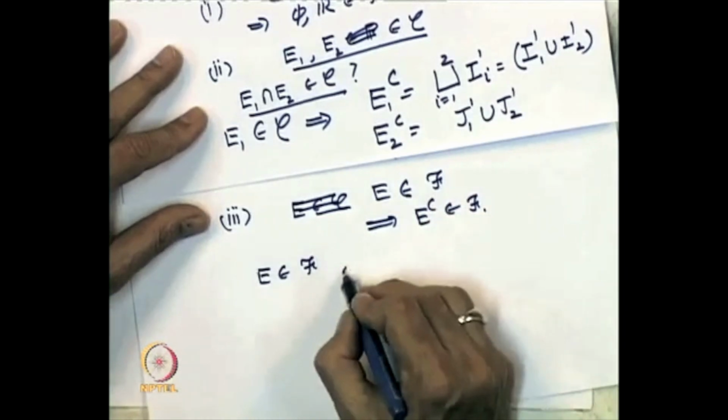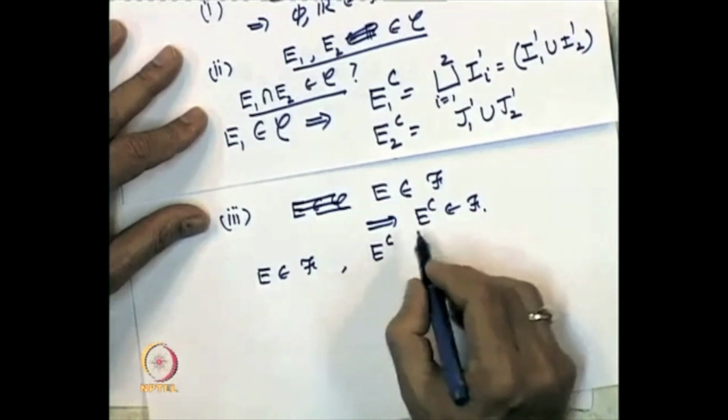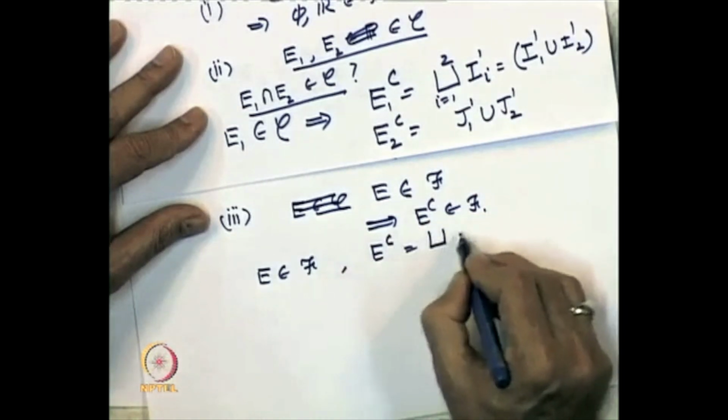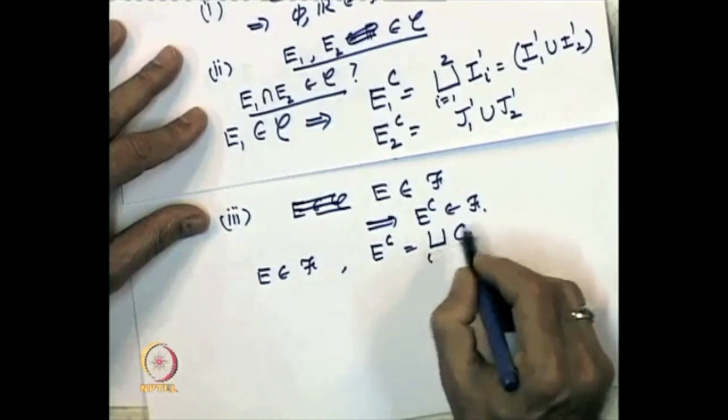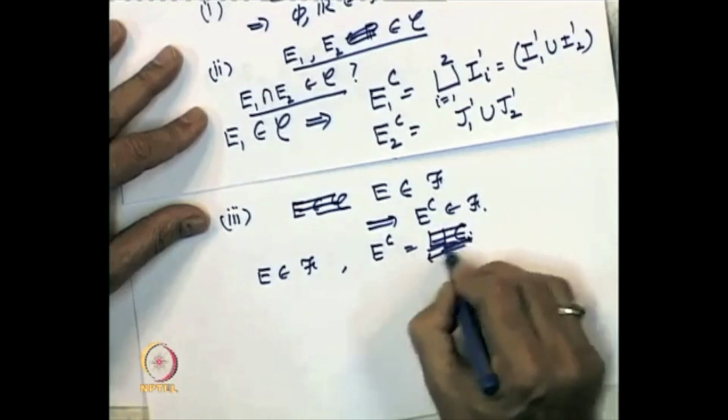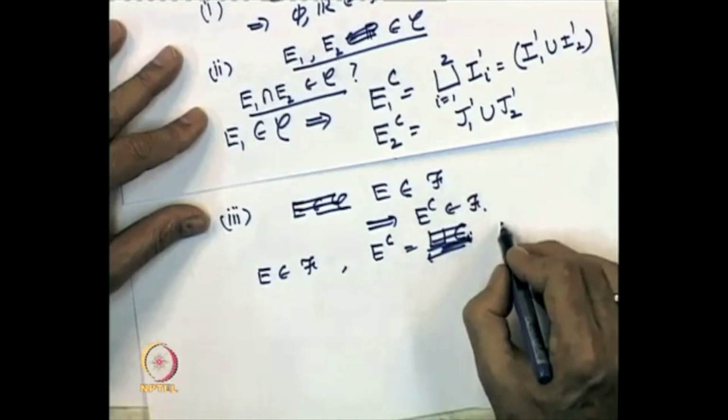Now, what is E complement? E complement looks like a finite disjoint union of elements, because E belongs to it, so it is a disjoint union of two elements.